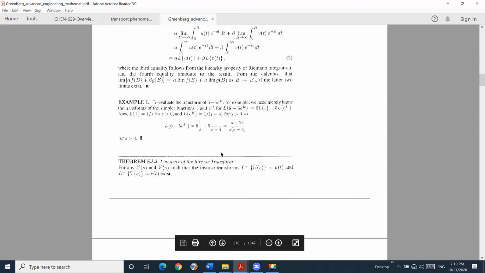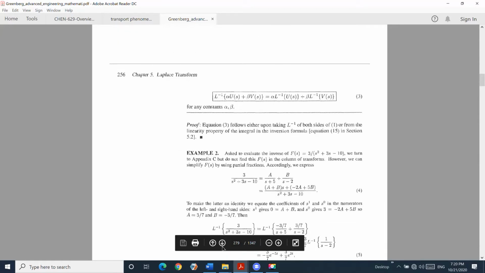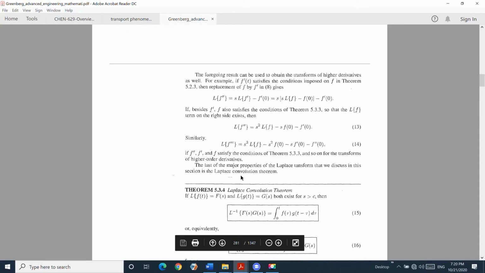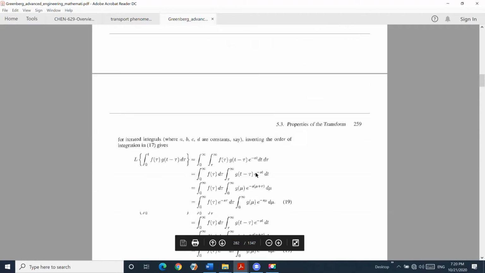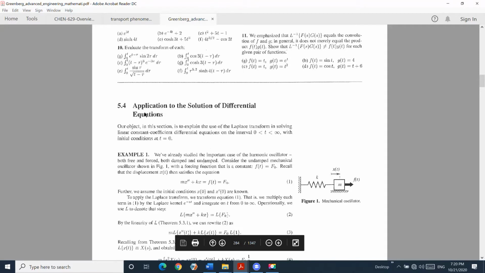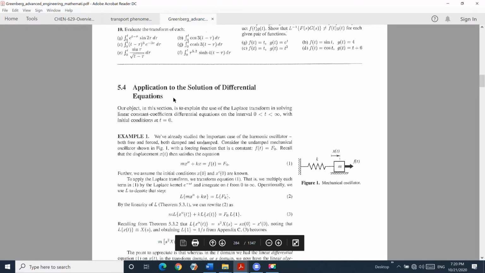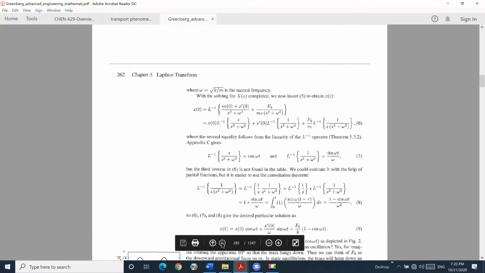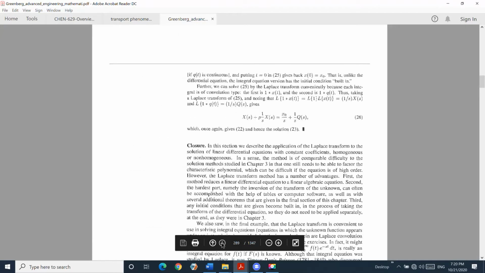Let's go topic by topic. Then we continue like this, and section 5.5 gives some applications, the solution of differential equations using Laplace equations, and gives a system of differential equations, how they can be solved using the Laplace transform in this chapter.